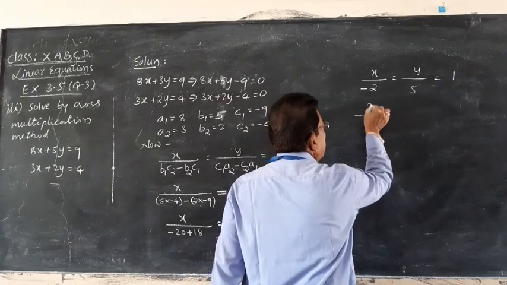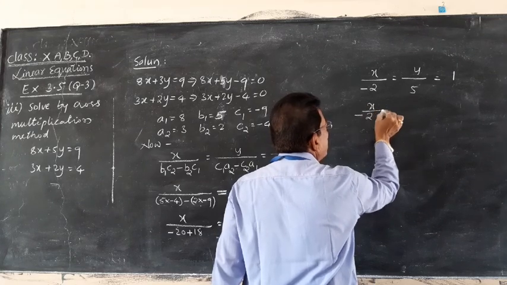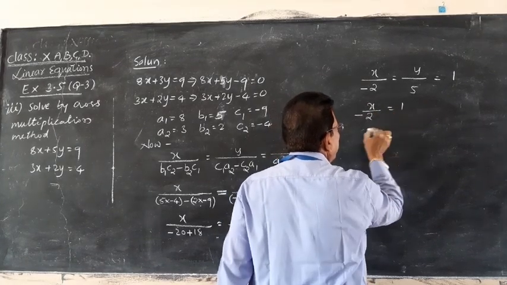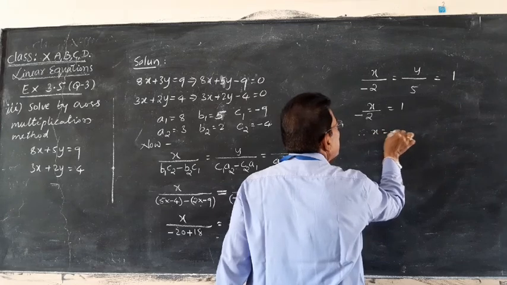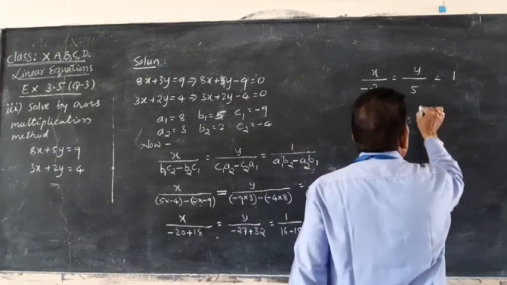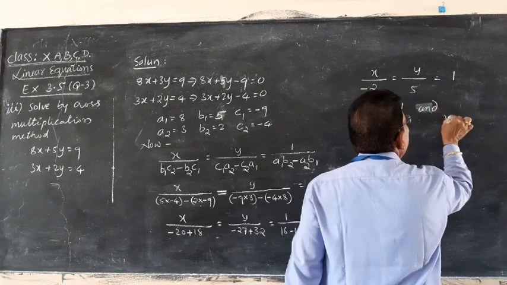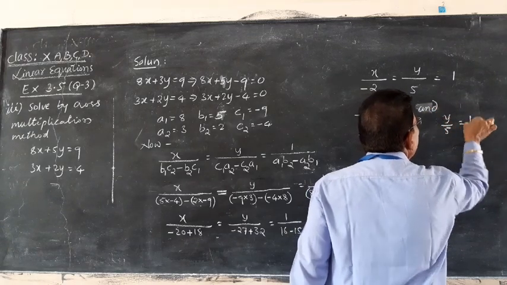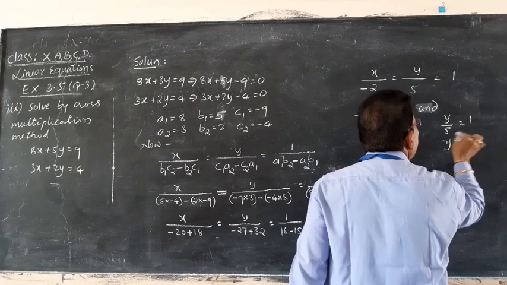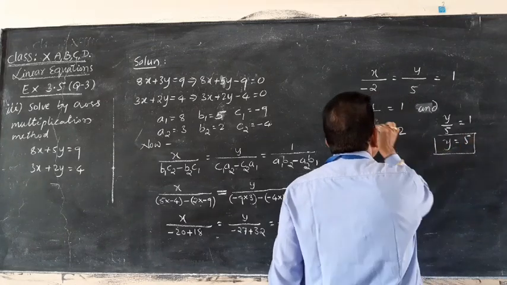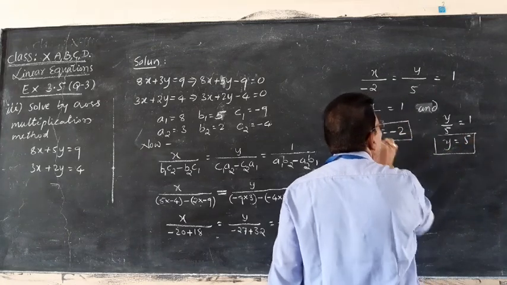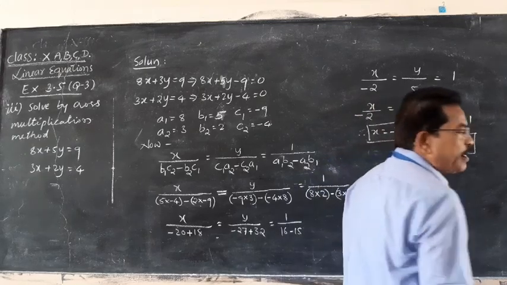Now x divided by minus 2 equals to 1, therefore x equals to minus 2. And y divided by 5 equals to 1, therefore y equals to 5. That is x equals to minus 2, y equals to 5.